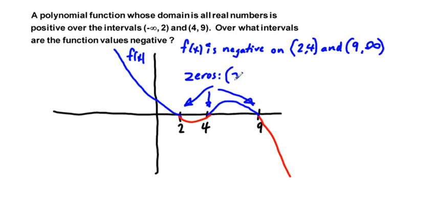You have 2 comma 0, 4 comma 0, and 9 comma 0. Those are the zeros of this polynomial function described by the text. Making a sketch like this could be quite helpful.